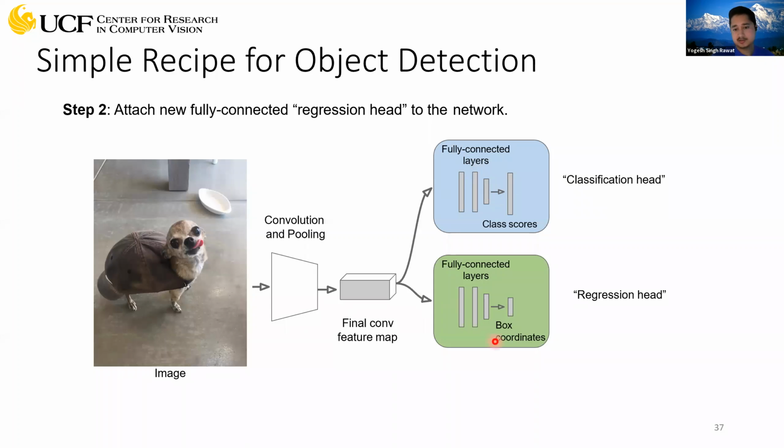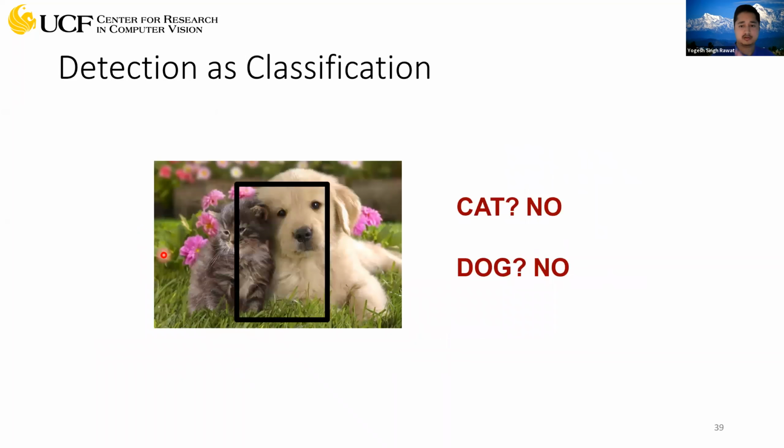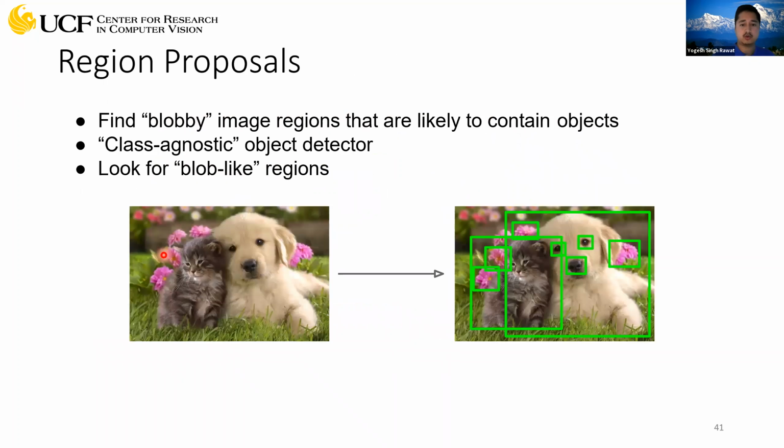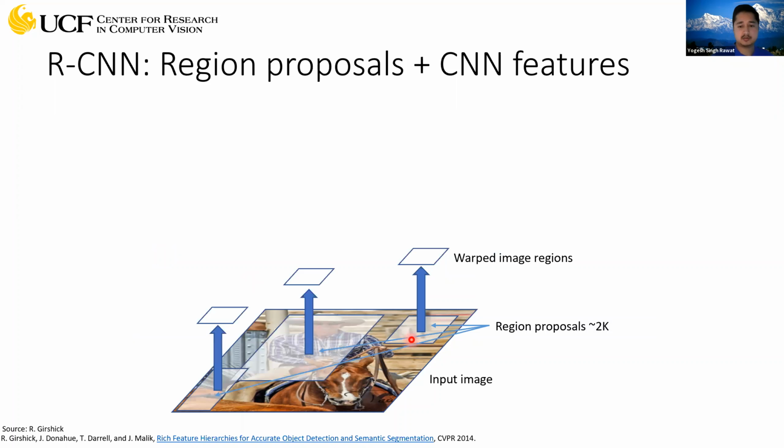For the second head, you're again using the same set of features. You're predicting the bounding boxes, but in the second case, instead of the bounding boxes, you are predicting how much adjustment you need to make to your proposal. In terms of implementation and the code you have to write, it's the same. The only difference is that instead of running the algorithm on the full image, you are running it on smaller patches.